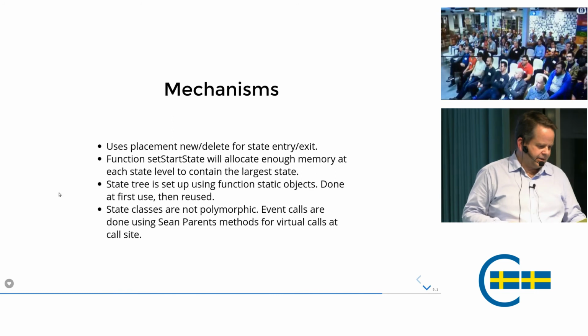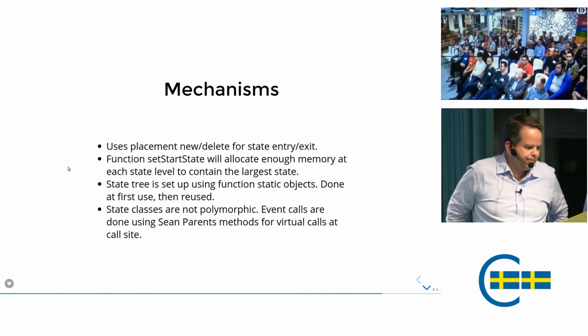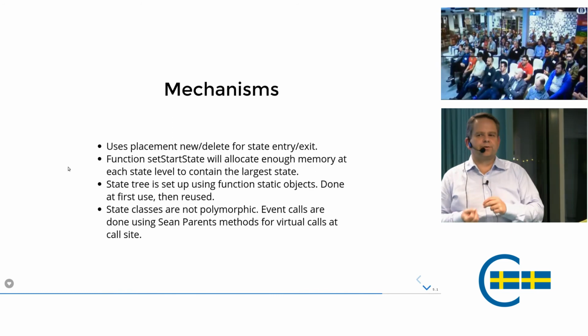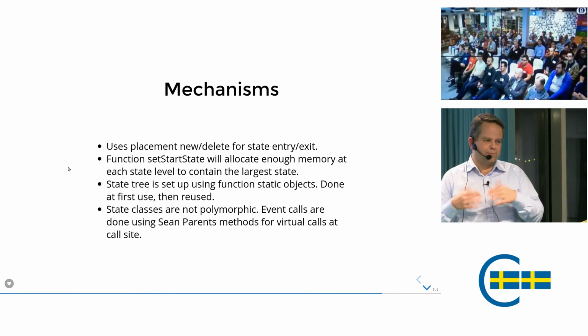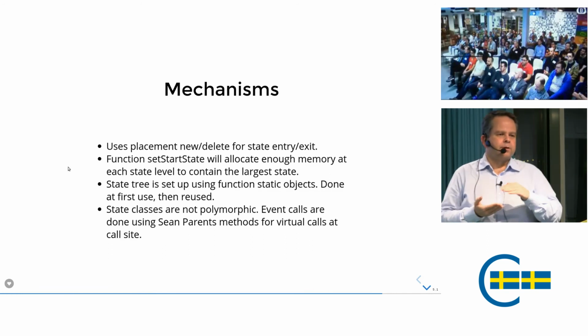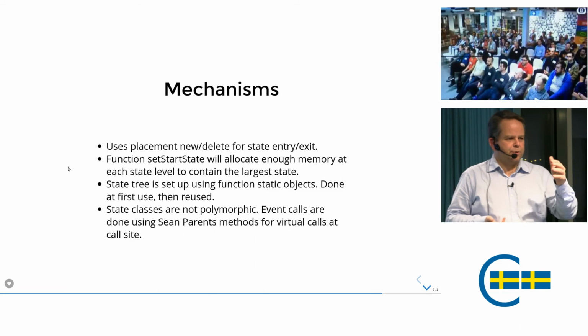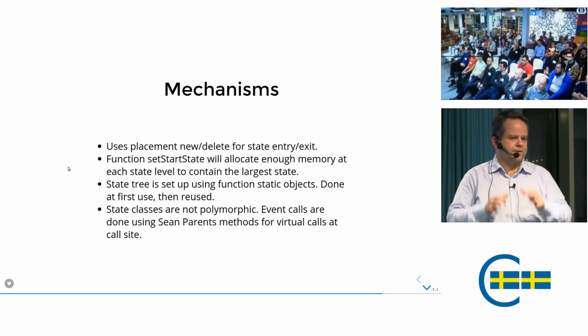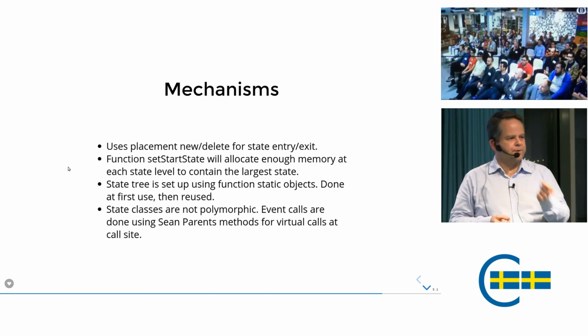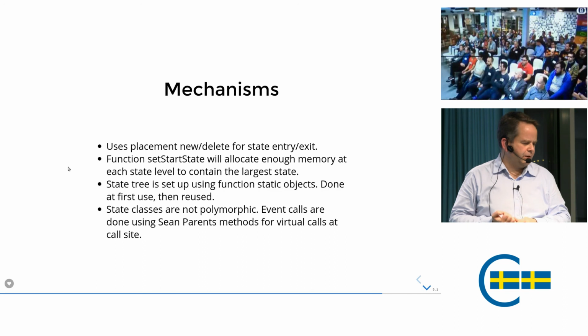Some mechanisms that I used when writing this one. Placement new and delete. When you construct and destruct a state, there's no memory allocation going on here. You set up memory for the maximum size for each level, and then you do placement new and delete, which is just the constructor and destructor being called, more or less. So it should be fairly cheap.